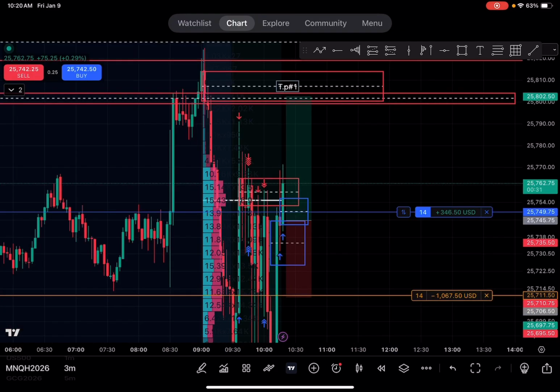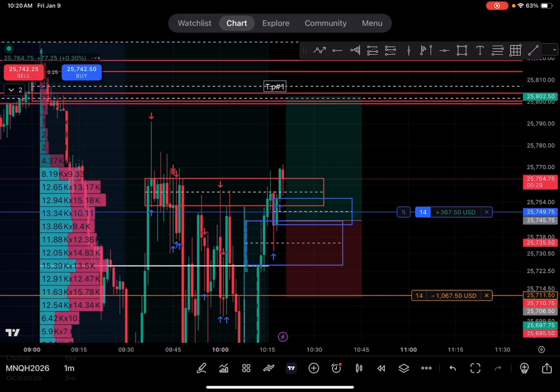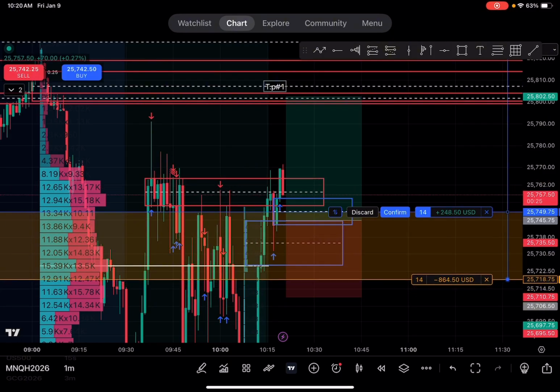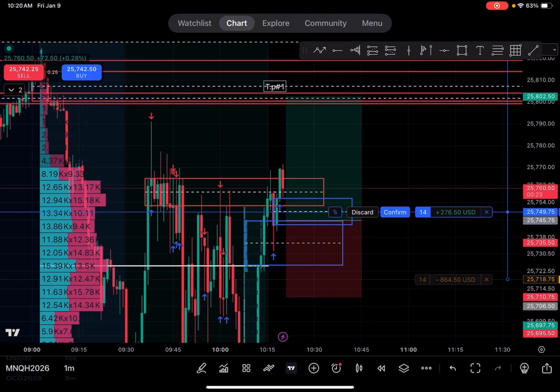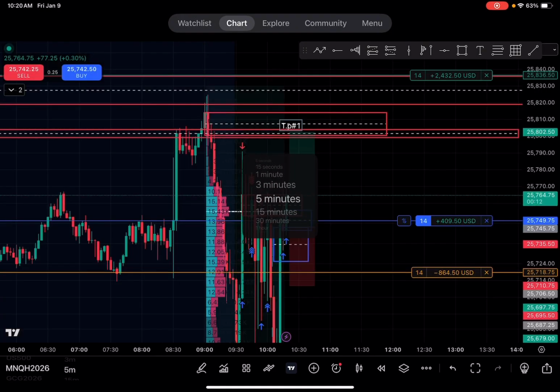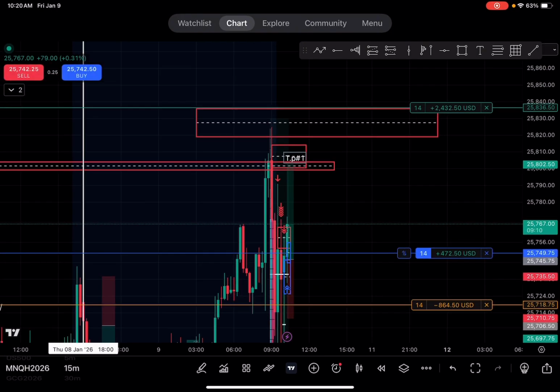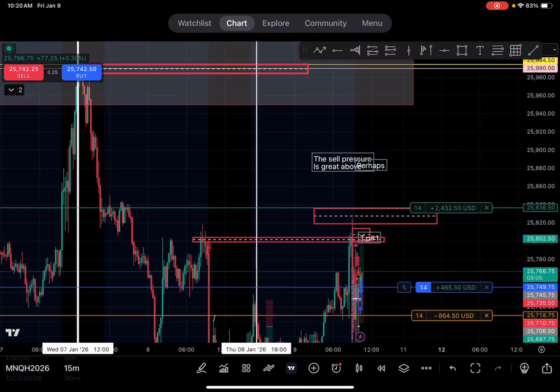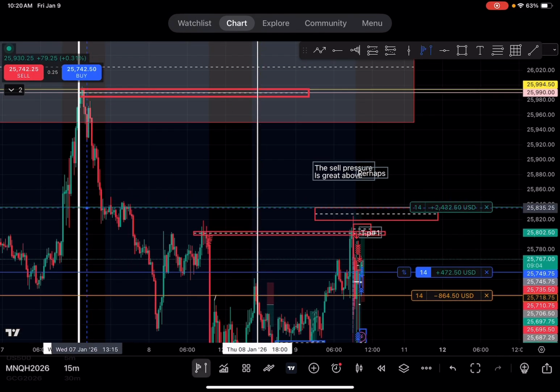If we truly want to go up, we shouldn't drop below the point of control. Take less of a loss if we do lose. Now I was thinking, since we put in a new low, it's potential for us to put in a new high. So where would be the best area for take profit?